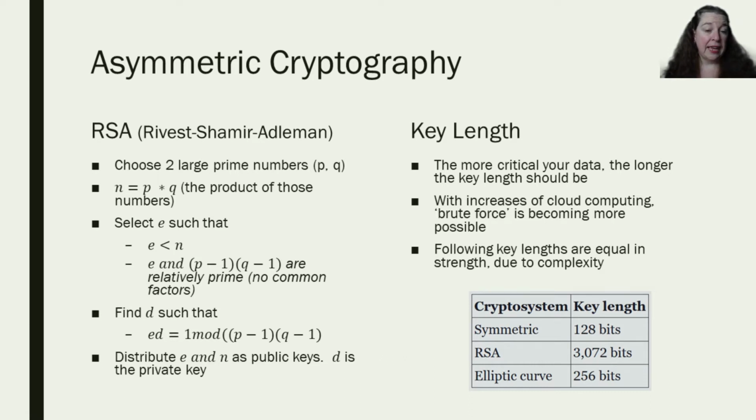Then find a number D such that E multiplied by D is equal to 1 mod the product of P minus 1 and Q minus 1. We can now distribute E and N as public keys, keeping D as the private key, and we can create our asymmetric cryptography with these options.